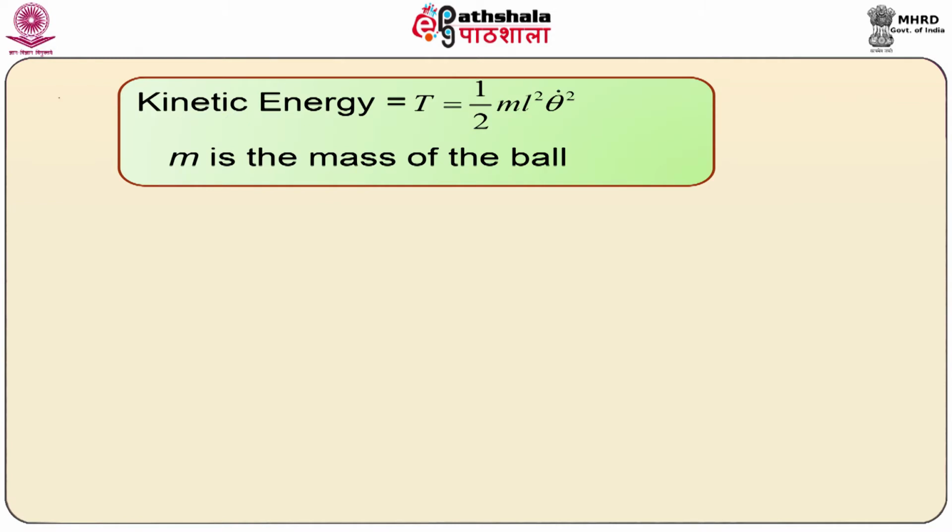The simple pendulum forms a dynamical system which is of holonomic nature. As in this case, the constraint relation satisfies the equation r square equal to L square, where r is the position vector of the bob at any time t, L is the fixed length of the string of the pendulum.